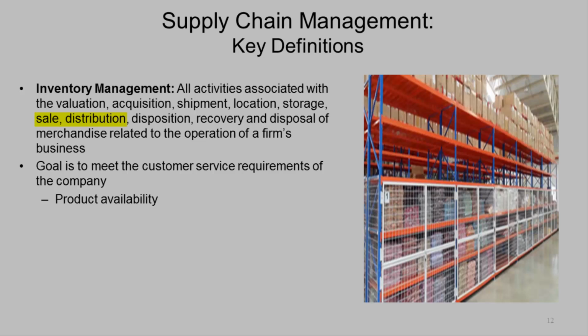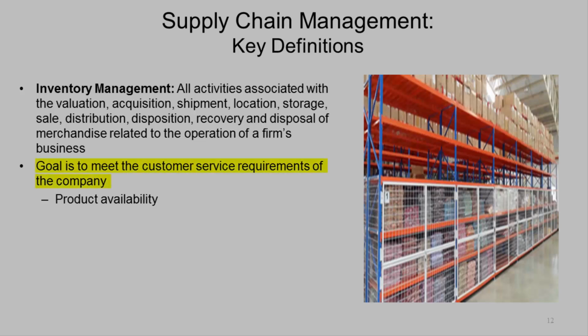Maybe we have a product recall, or we have goods that require test and repair, as we mentioned earlier. That's recovery. And sometimes goods have to be destroyed. Maybe it's a product recall that can't be saved, and the goods have to be destroyed. So although it's an undesirable component of inventory management, it's something we have to take into consideration. In the end, the goal is to meet the customer service requirements of the company.